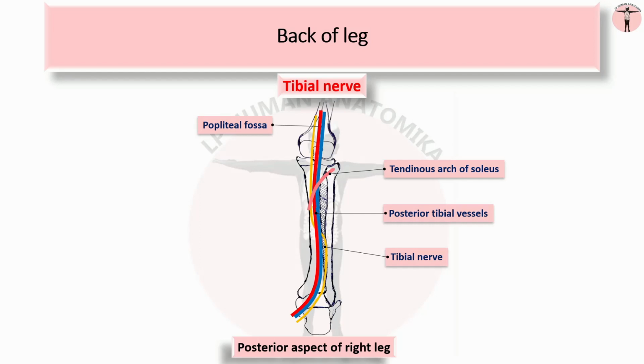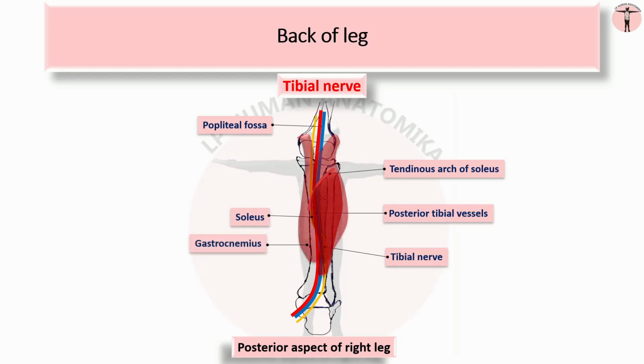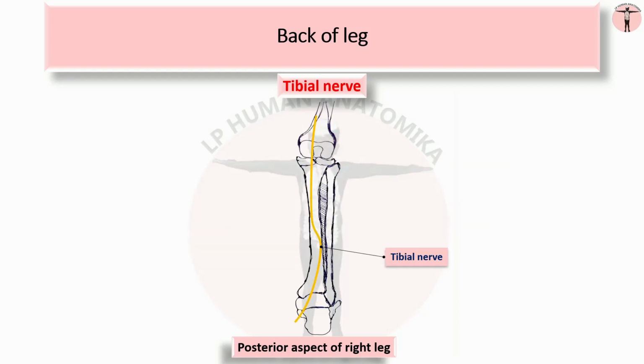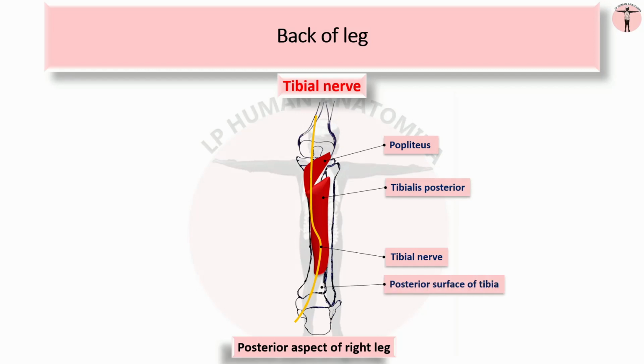In the leg, it is related superficially to the soleus and the gastrocnemius muscles. On the deep aspect, anteriorly, it lies on the popliteus, tibialis posterior and lower down the leg on the posterior surface of the tibia. The nerve accompanies the posterior tibial artery through its course.